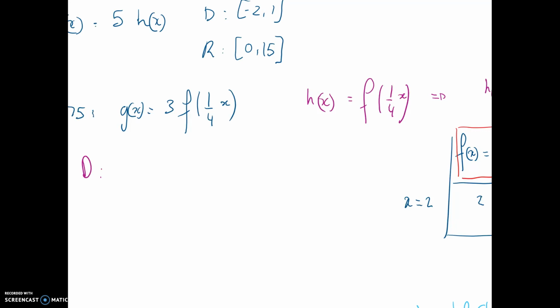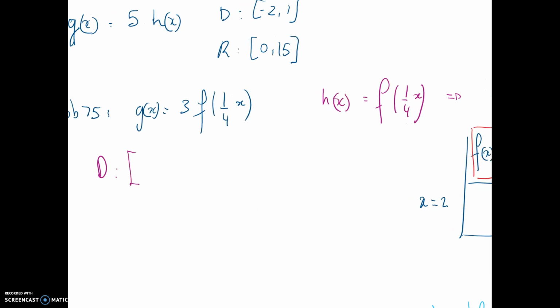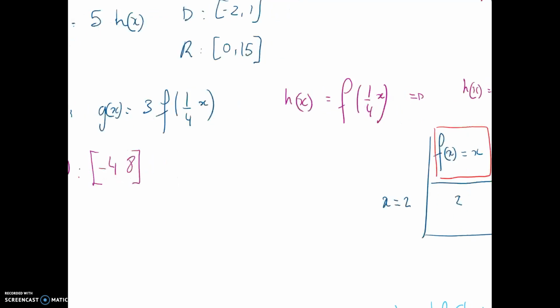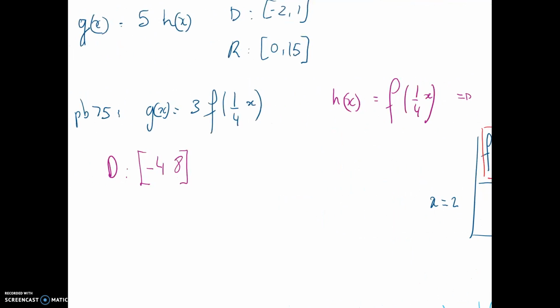The domain of my function f of x, let me get back to the problem, is -1, 2. So -1 multiplied by 4 is going to be -4. 2 multiplied by 4 is going to be 8. Because I am dealing with g of x equal 3 times f of 1/4 over x, let me rewrite this: we're dealing with g of x equal 3 times h of x.